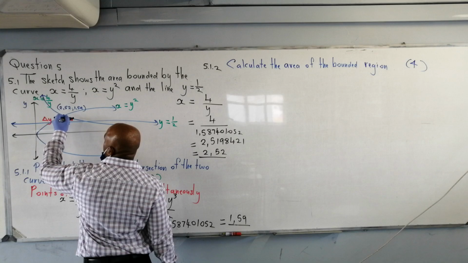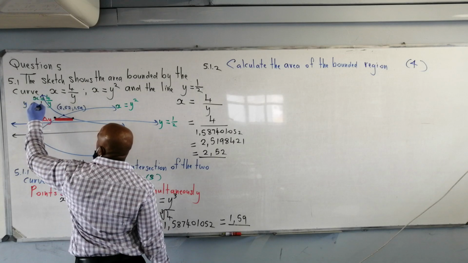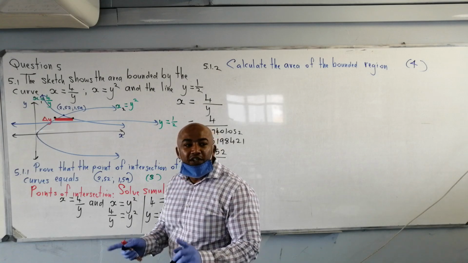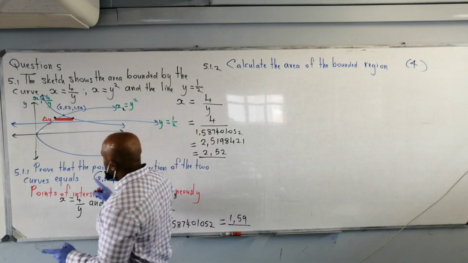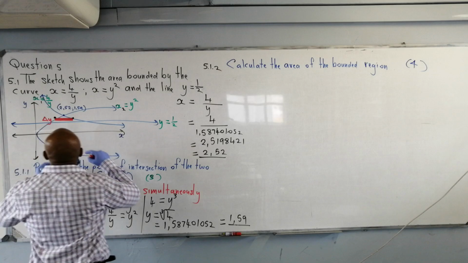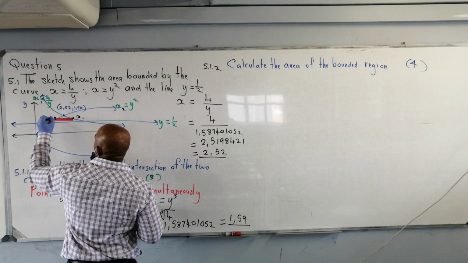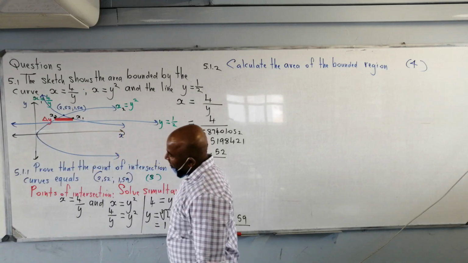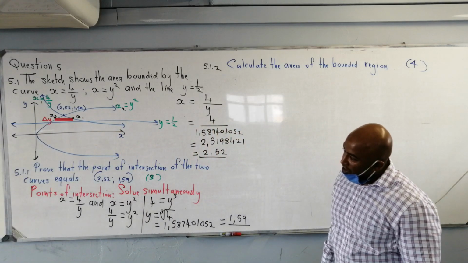So this is the difference between x. Let's call this one x1. Let's call this x2. Right, there are 2 different x values there. Now what's touching here is x1. What's touching this side is x2. Very important. Go back to the sketch.